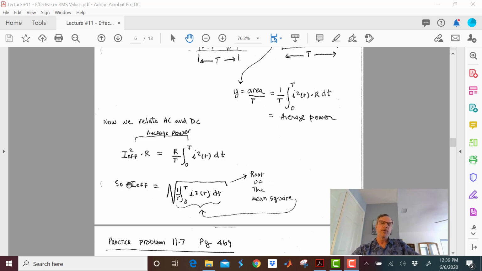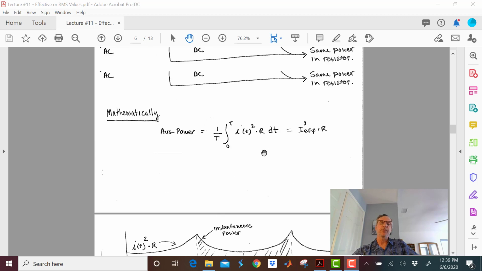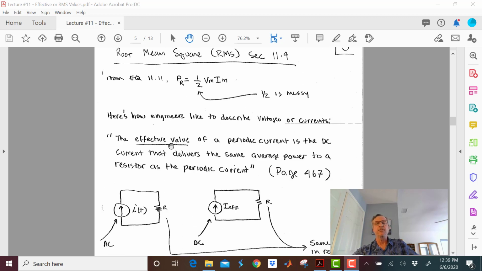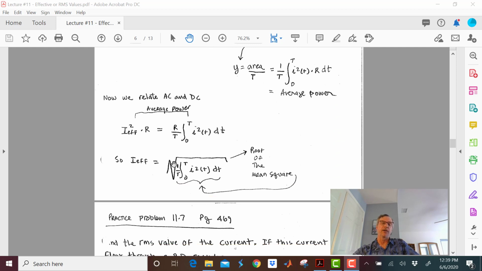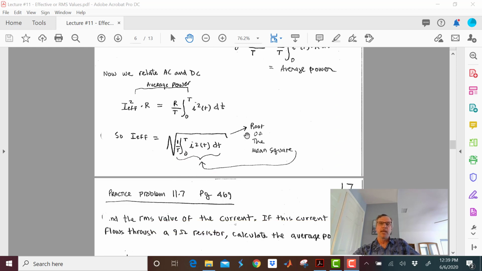So now we've got this effective value, and that's kind of what we talked about up here. But now let's look at that effective value a little more. It is equal to the square root of the integral of I squared dt, divided by T. That's the mean square, the average square of this waveform.